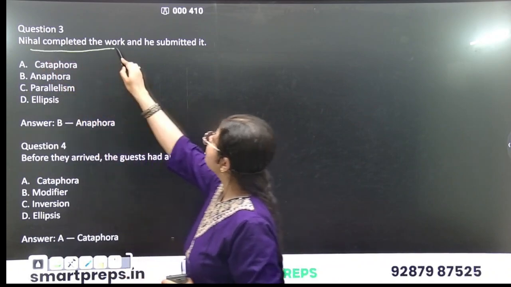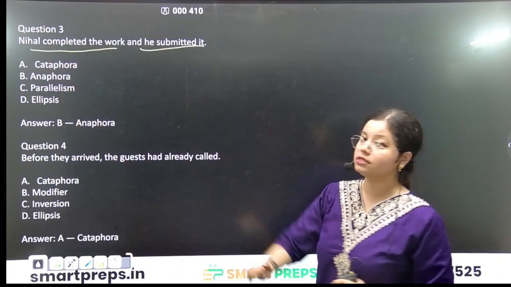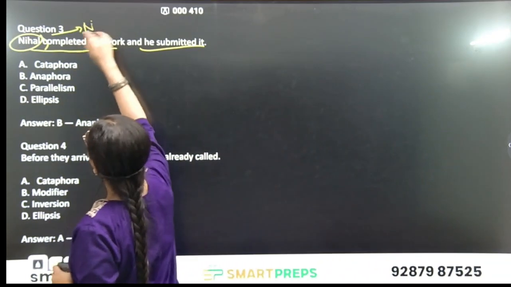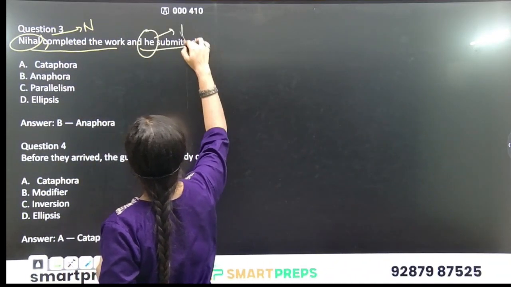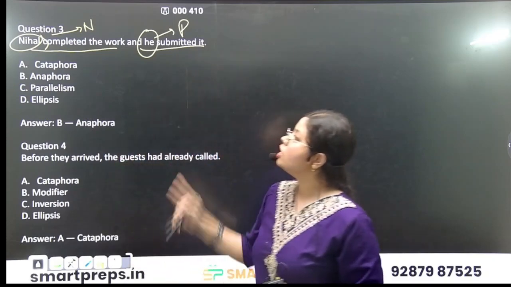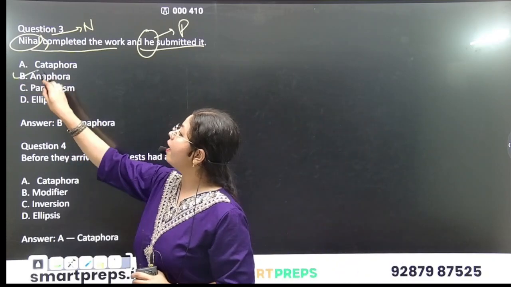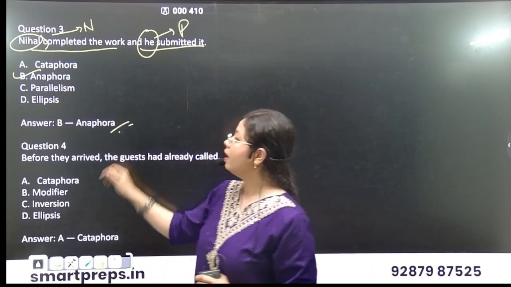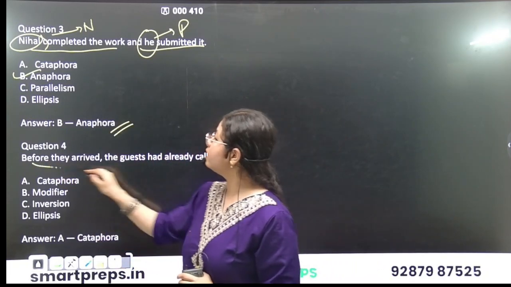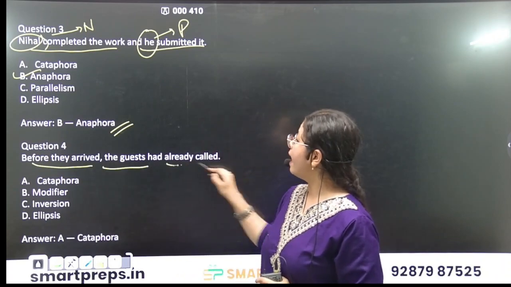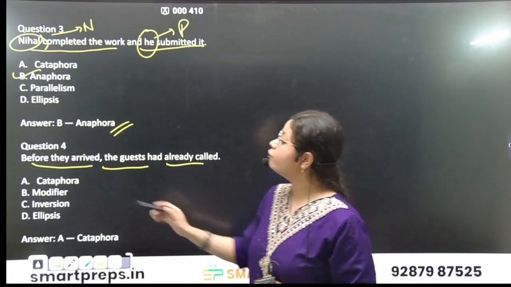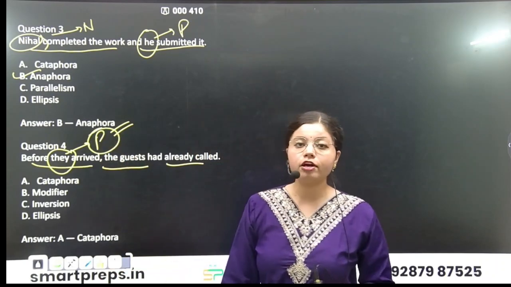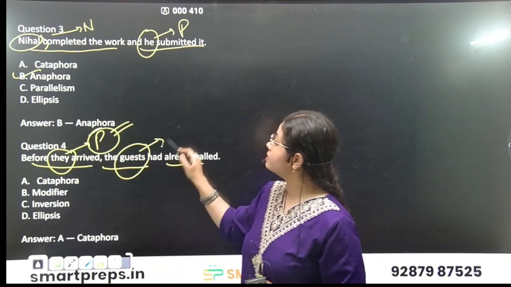Next question: Nihal completed the work and he submitted it. Now in this question, the noun Nihal is in the very first place, and he, the pronoun, is in the later part of the sentence. So this is known as anaphora because the noun has come first. Next question: before they arrived, the guests had already called. Here the pronoun they is in the very first place, and the noun, the guests, is later on.